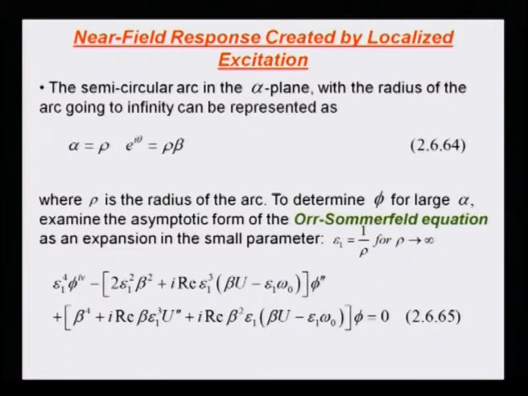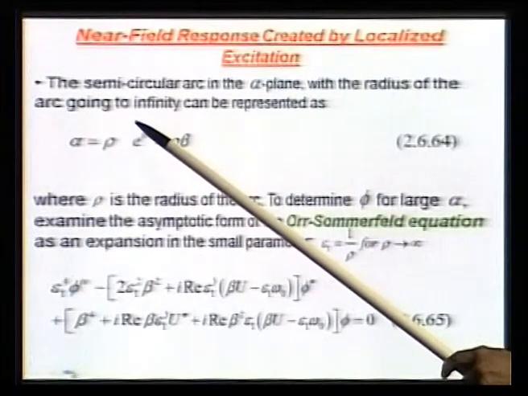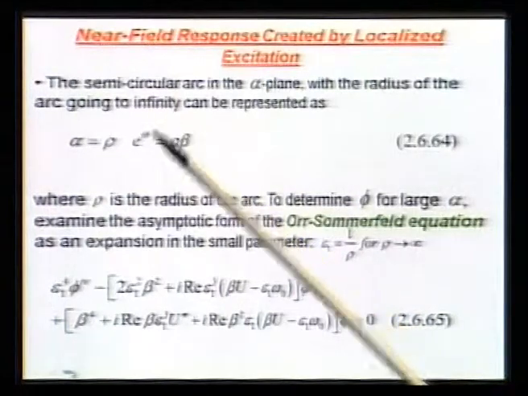What you do is basically you are trying to figure out what is the contribution coming from that semicircular arc. If I then write alpha is equal to, in a polar representation, the radial vector rho times e to the power i theta.